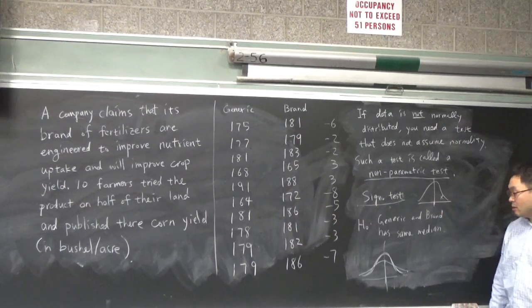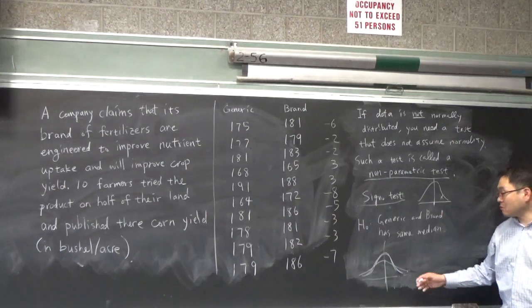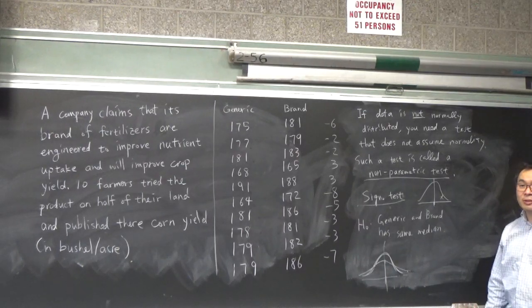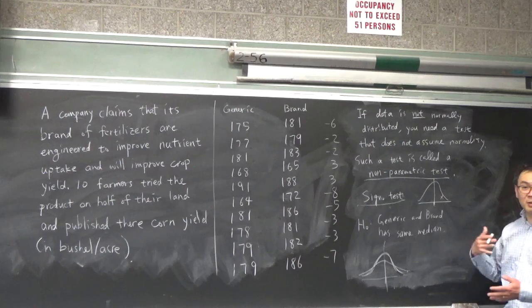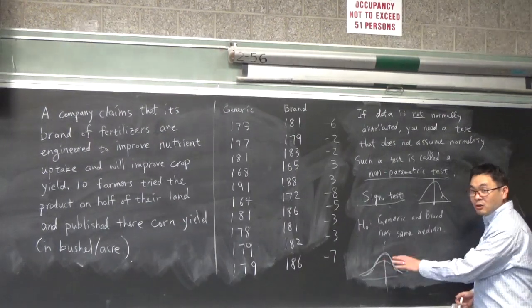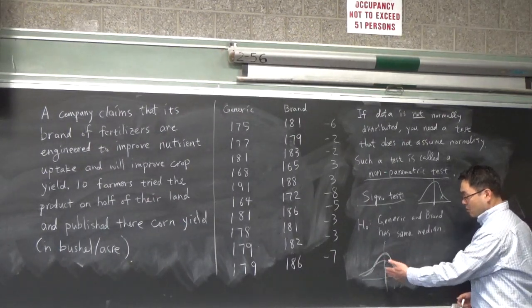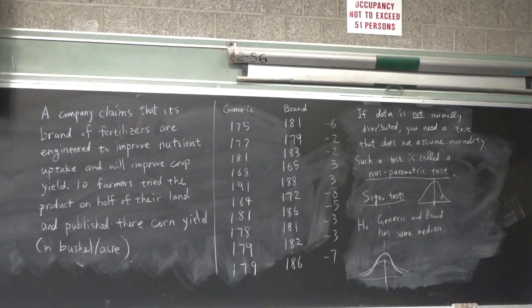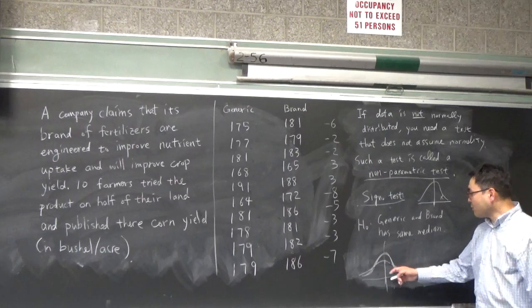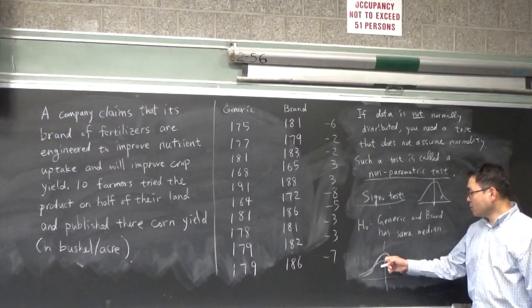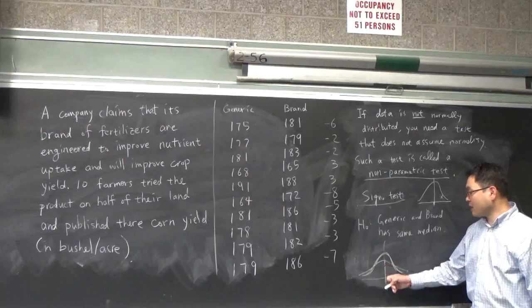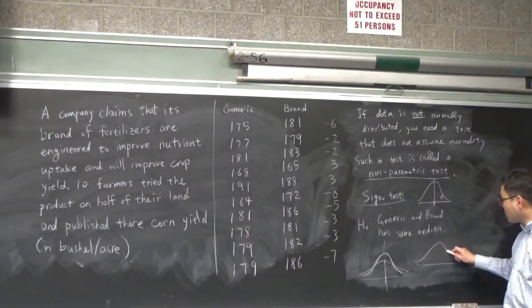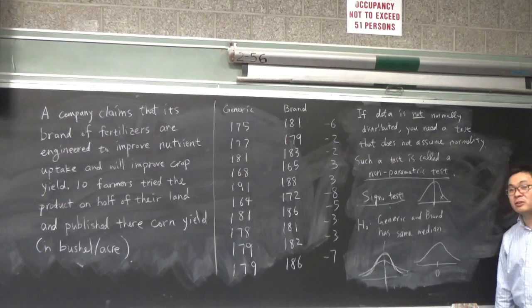Okay? Now if you have two samples, what's the probability that one will be bigger than the other? Again, 50%. See, if you have two probability distributions that have the same median, if you subtract them, you end up with a symmetric probability distribution centered at 0.